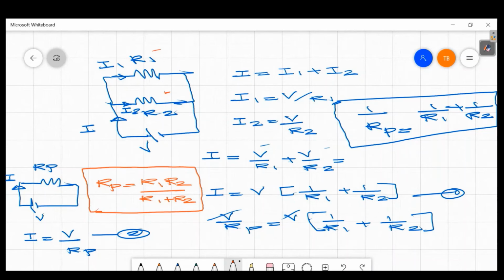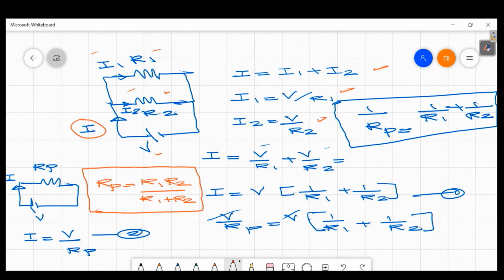We draw R1, R2, V, and the current I is divided here into I1 and I2. Then I is equal to I1 plus I2. I1 is equal to V by R1, I2 is equal to V by R2, and the total current I is equal to V by R1 plus V by R2. For the parallel circuit, the same equation, I is equal to V by Rp.